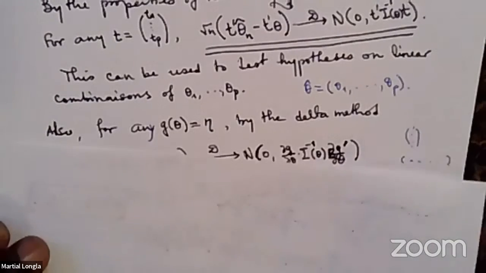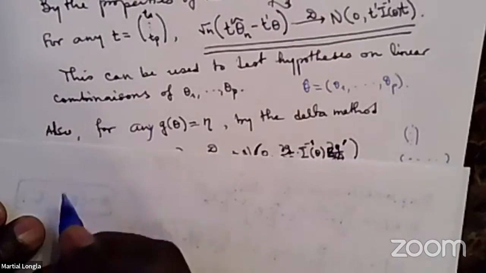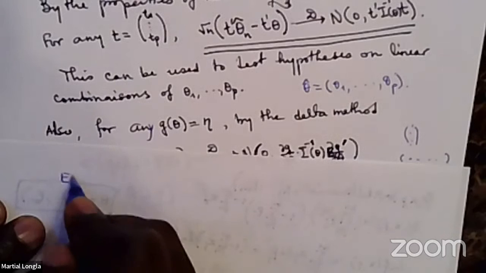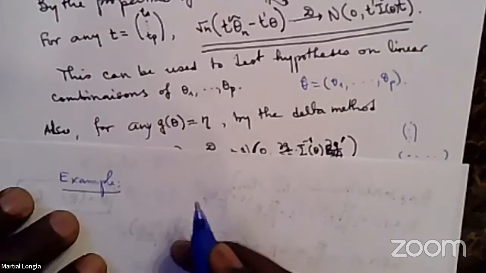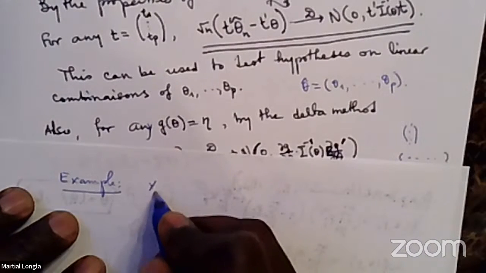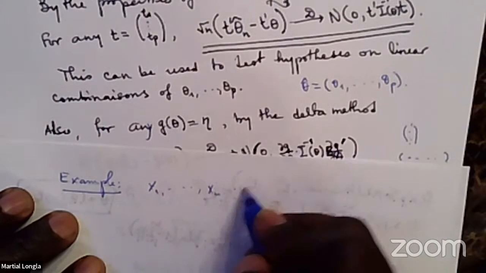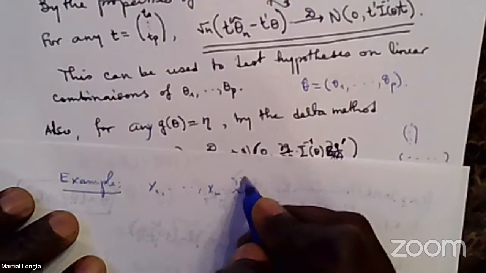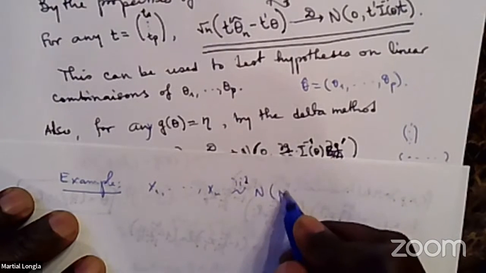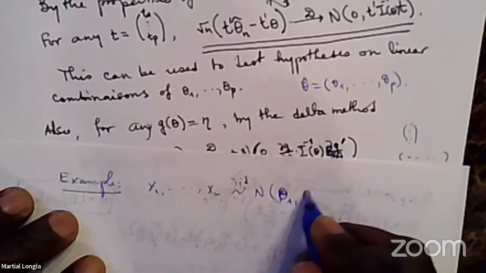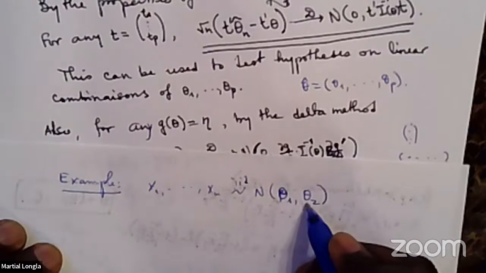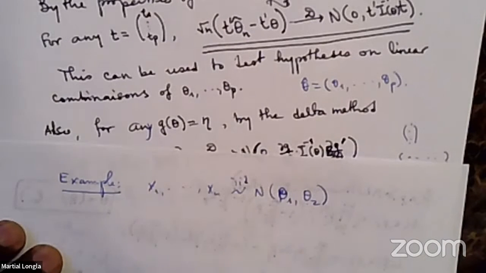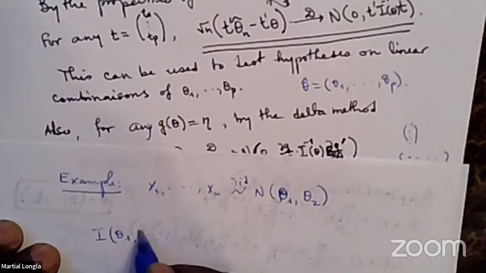Now, an example of this. We had X1, ..., Xn IID normal(mu, theta), say theta1, theta2. Last class, this was the mean and this was the variance. What did we find as I of theta1, theta2?